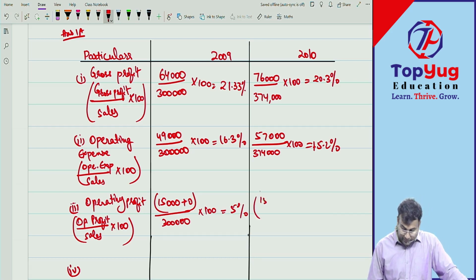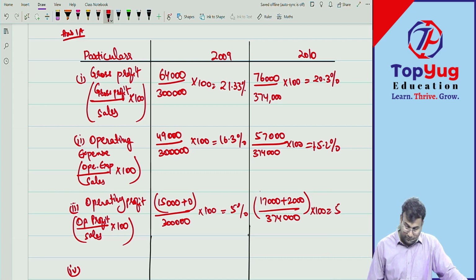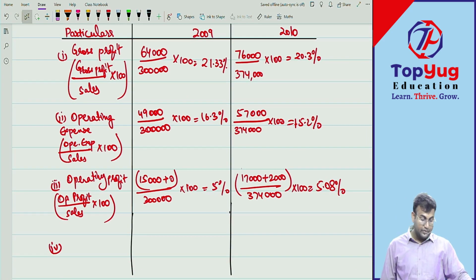Again, here how much in the next problem? 17,000 plus interest on debentures 2,000 divided by 3,74,000 into 100. 5.08, right?